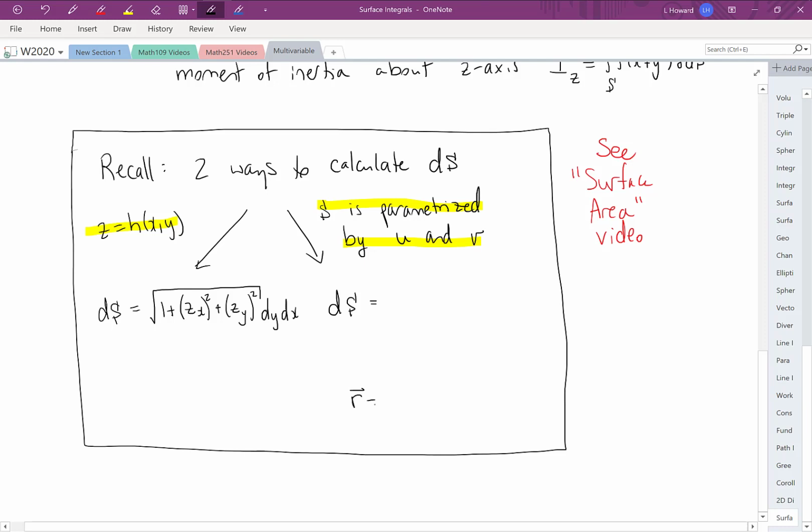We call that position vector r. The way that we would calculate d capital S is we would take the partial of r with respect to parameter u, and then do the cross product with the partial of r with respect to v. Take the length of that vector and then multiply that by du dv. That gives us our d capital S for a parametric surface.